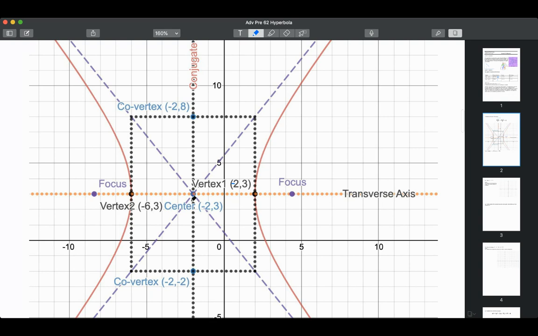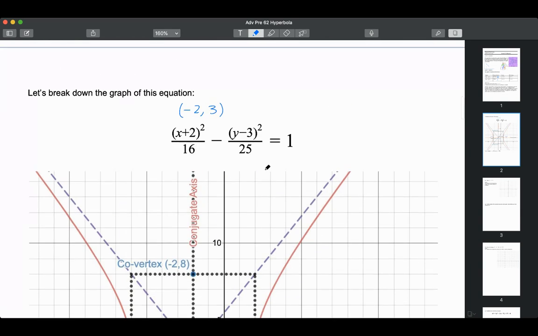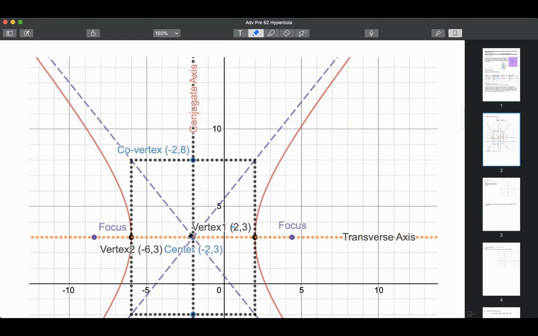Let's think about the equation of this asymptote. Notice that I am going up 5 over 4. That is my b over a value. So this asymptote here, I go through the center.